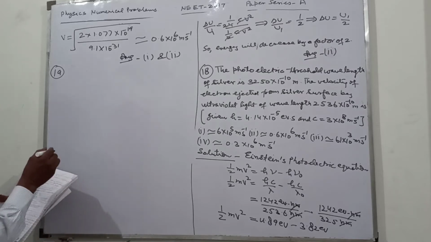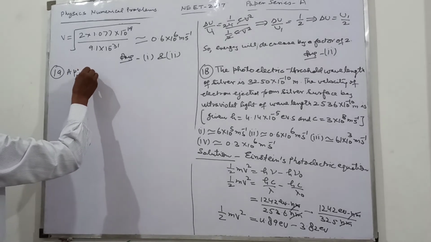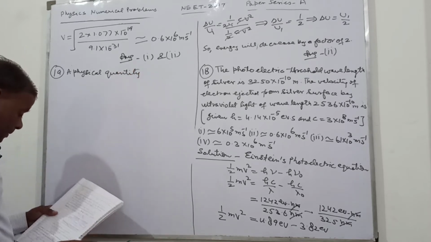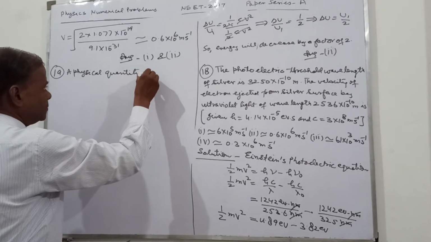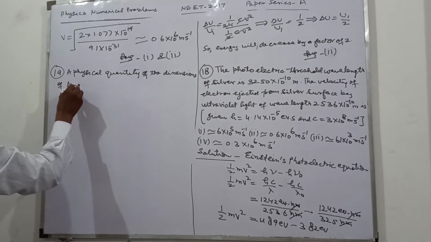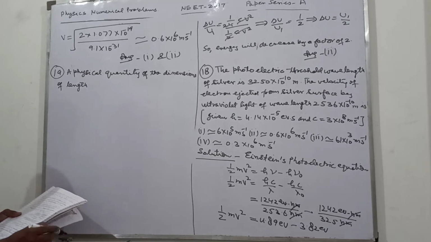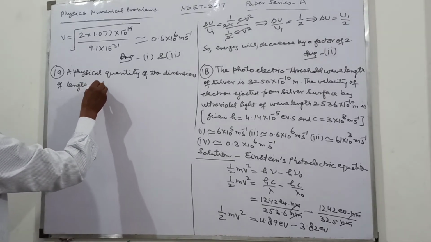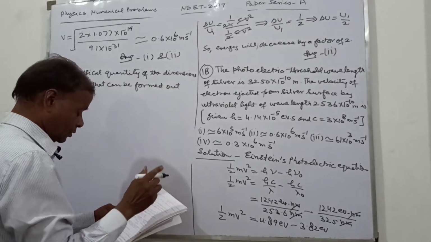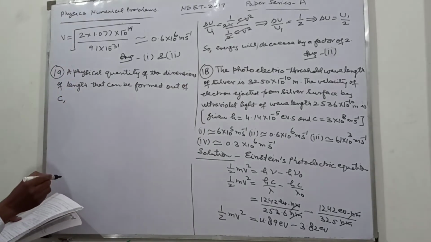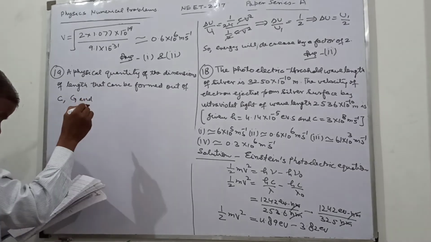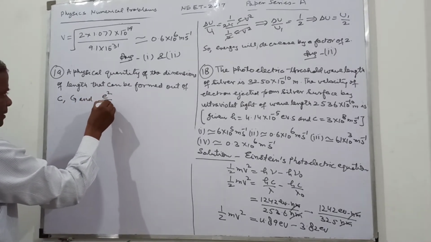Question number 19. A physical quantity of the dimensions of length can be found out from C, G, and e square upon 4 pi epsilon naught.